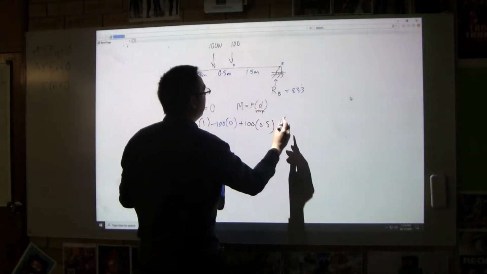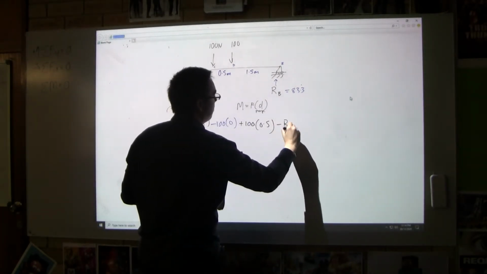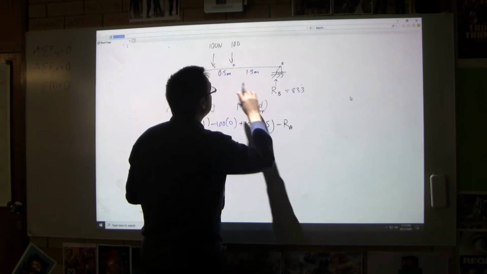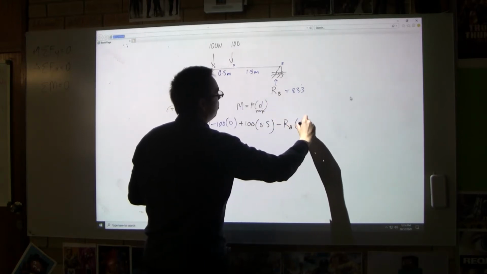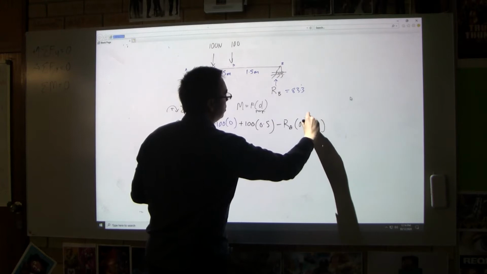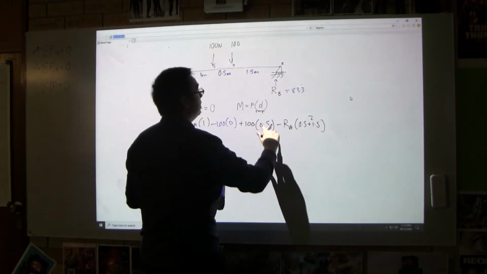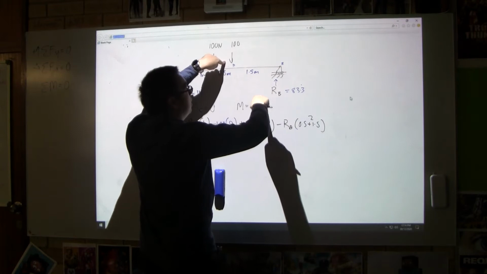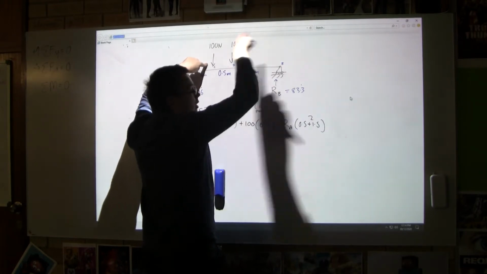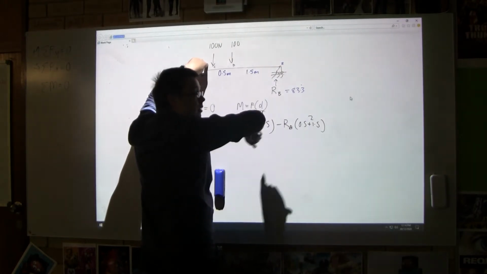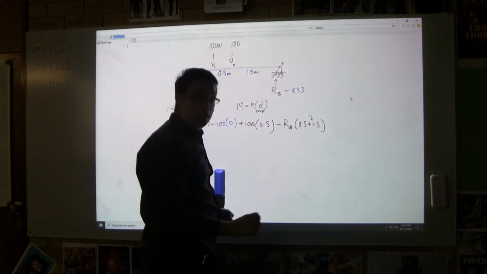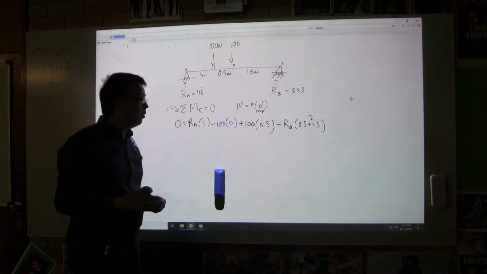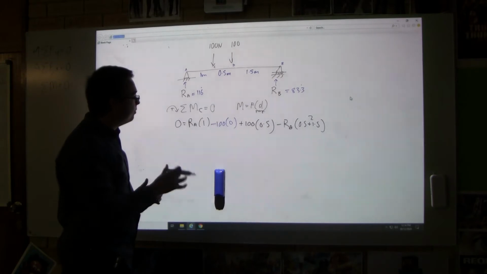Okay, and then finally we have RB. And RB is 0.5 plus 1.5, which is 2 meters away. And is it going clockwise or anti-clockwise from C? Anti-clockwise, so it stays as negative, yeah? We good? You guys are getting all this? You're writing it down? Okay.